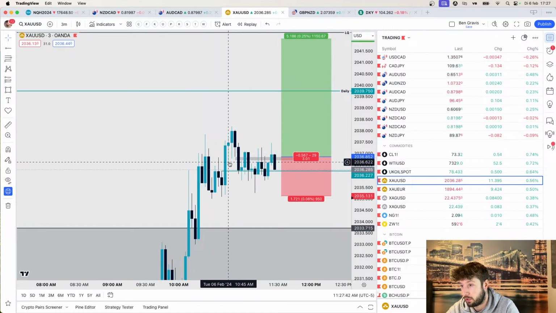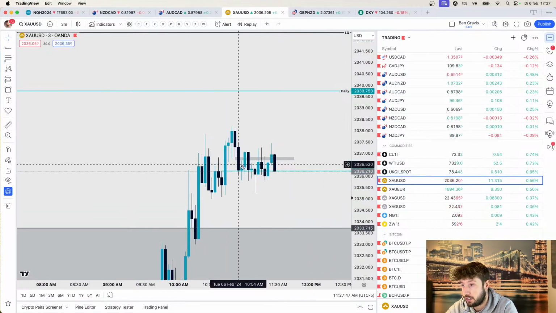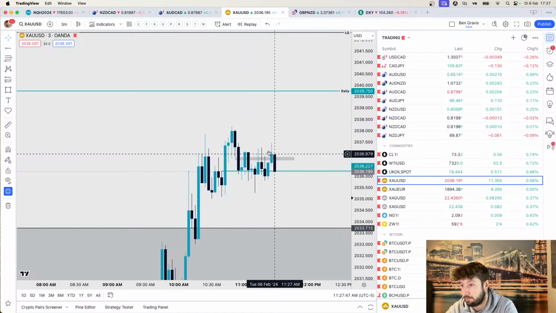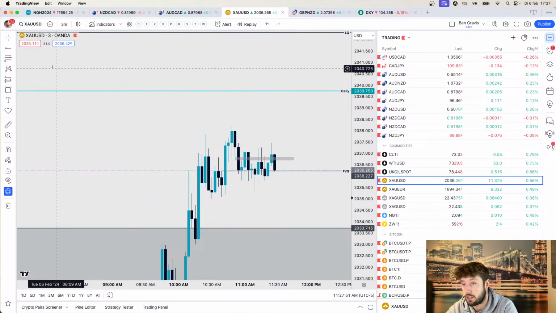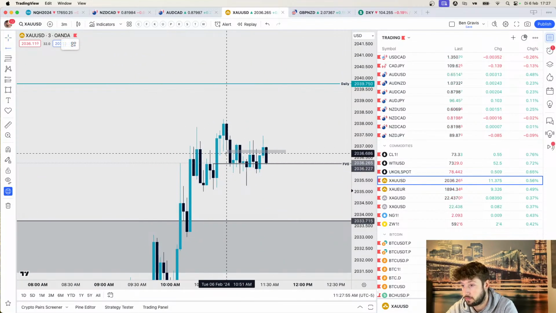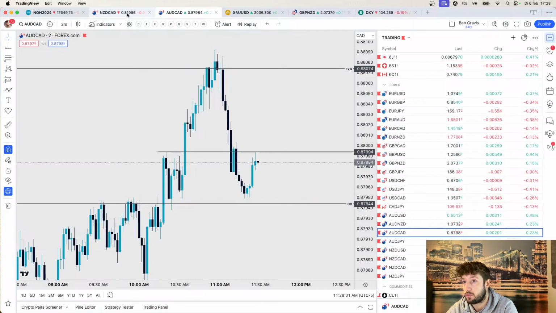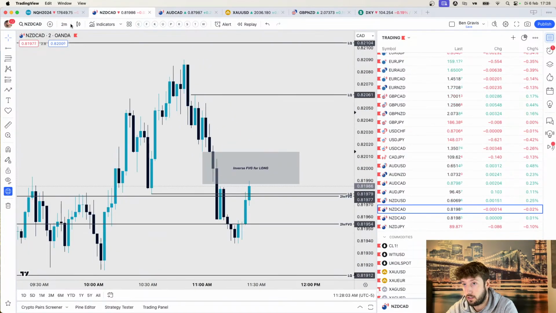It also closed below this fair value gap, if you can see, so that's actually bearish. So not taking this. Not really looking at.